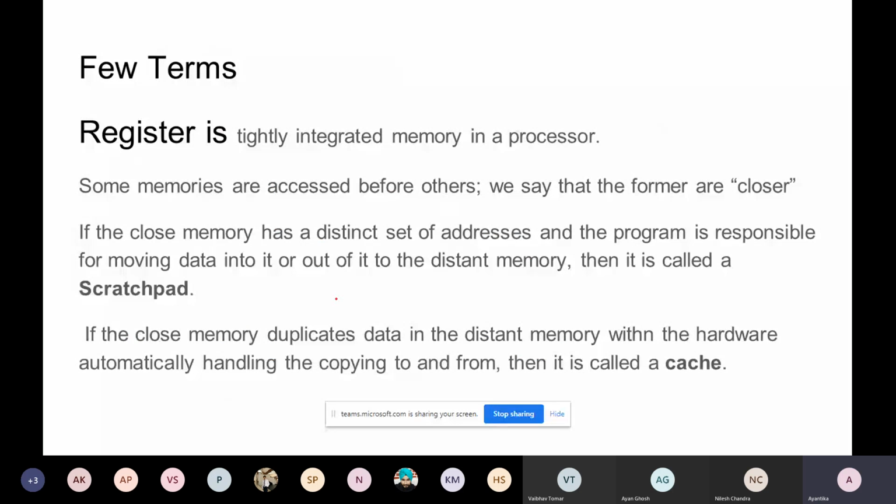A few terms, I think, are known to you. Register is the most integrated memory, tightly coupled with our CPU. And this cache part we'll discuss later on. That is the intermediate, smaller, faster memory residing between our processing unit and our main memory.